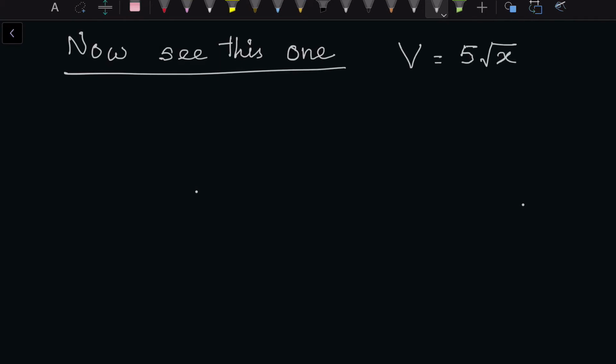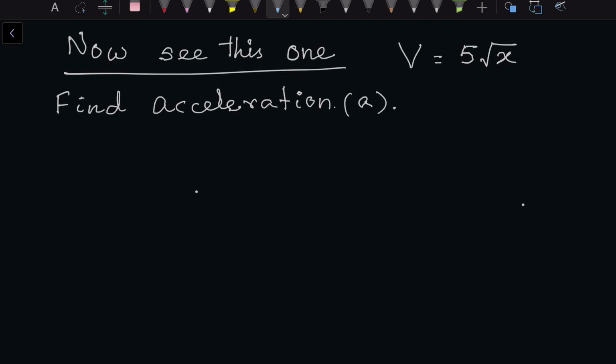How to apply this in sums. Suppose this is a sum. v equals 5 root x. Here v is velocity, x is displacement, and you have to find acceleration.